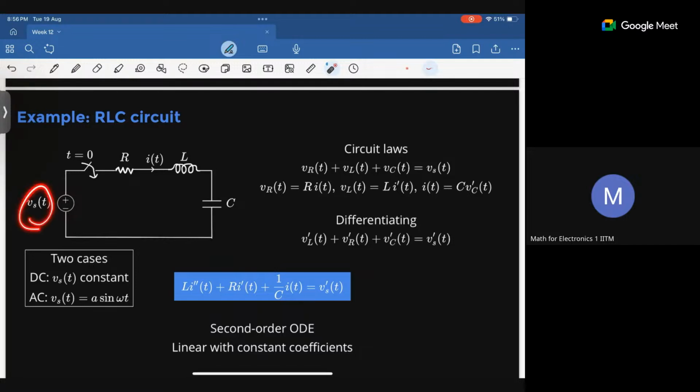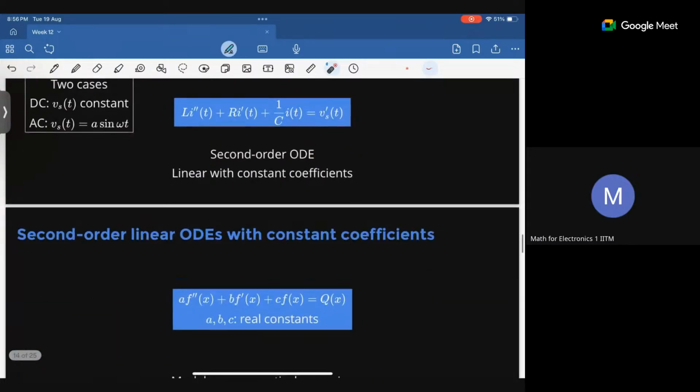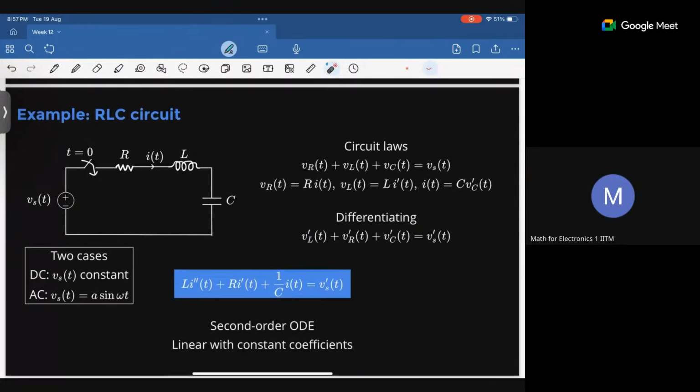One is when the source voltage is just constant, which is a DC circuit, and the other is when the source voltage is alternating, which is alternating current, which changes with respect to time, and can be A sin omega t or A cos omega t. Right? So two cases, and we'll see how to solve these kinds of ODEs.